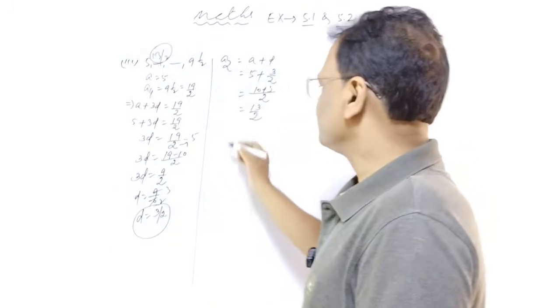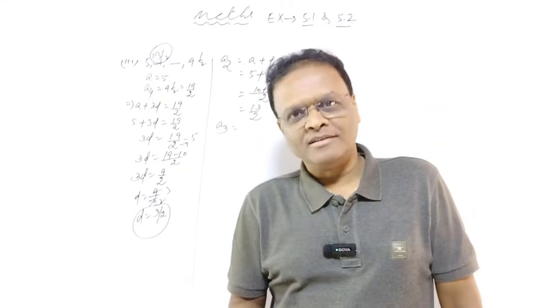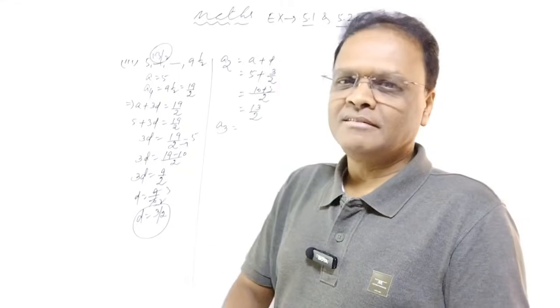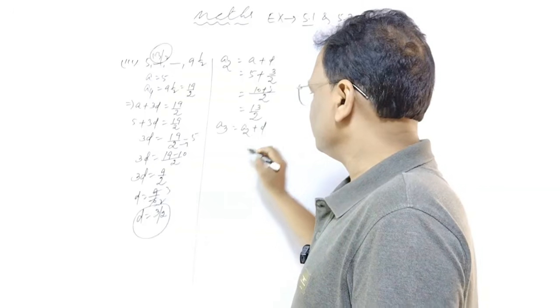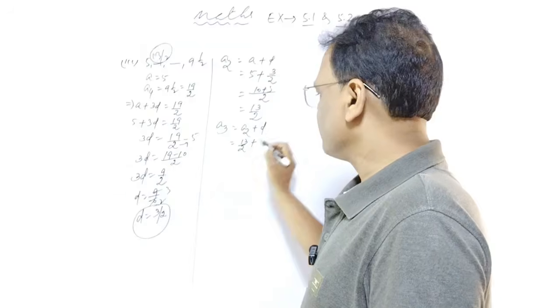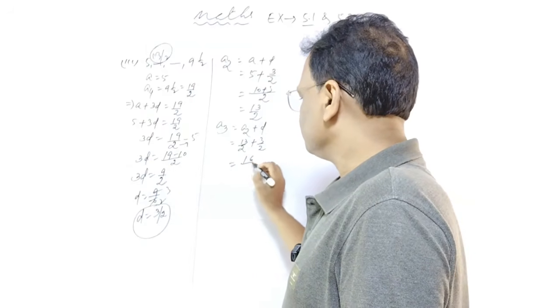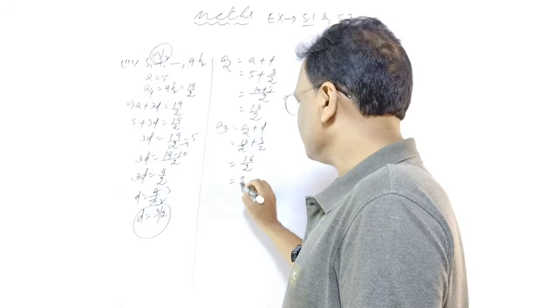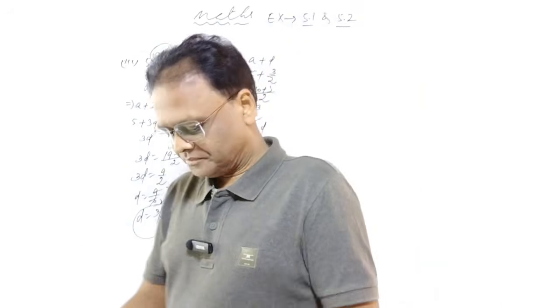Even third term you can get. What is the third term? Third term is equals to, you can write A plus 2D or second term plus D. Anything you can write. Second term plus D. Second term is 13 by 2 and D is 3 by 2. 13 plus 3, 16. 16 by 2 which is equals to 8. So this one I got 8 over, third one.